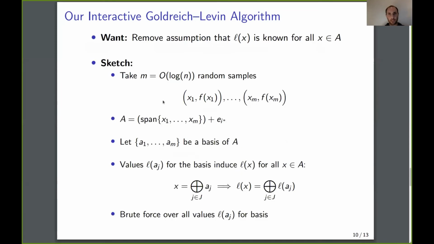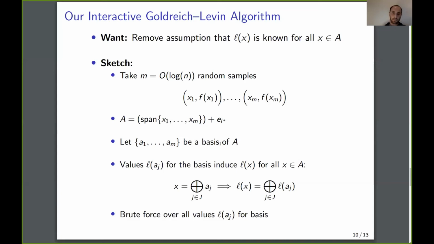So, more fully, the verifier takes m random samples, with m being logarithmic in n, and it defines A to be the span of these random samples shifted by Ei star. And it chooses a random basis A1 till Am of A and sends that to the prover.